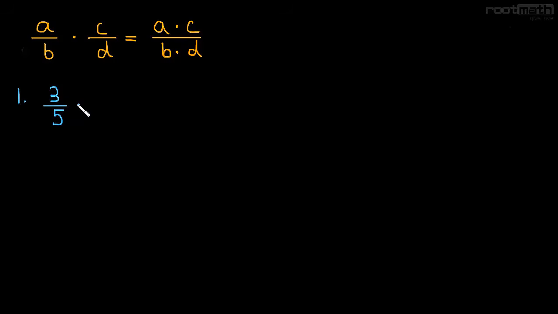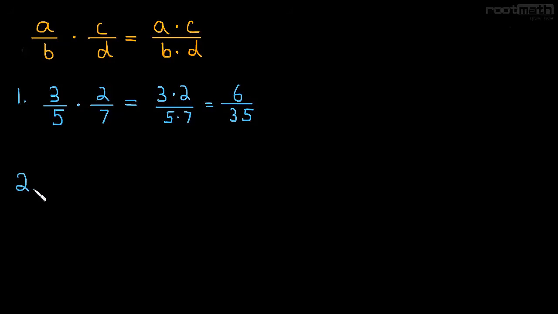3 over 5 times 2 over 7. Well, we just get 3 times 2 in the numerator over 5 times 7 in the denominator. So it's just 6 over 35. Really, really basic stuff. Let's do another example.